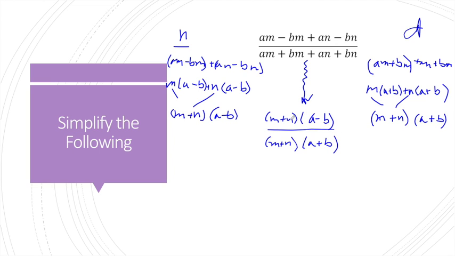Both have an M plus N. So those cancel out. And my final fully simplified rational function is A minus B over A plus B. And these are different terms as we discussed in the previous slide. So this is fully factored.